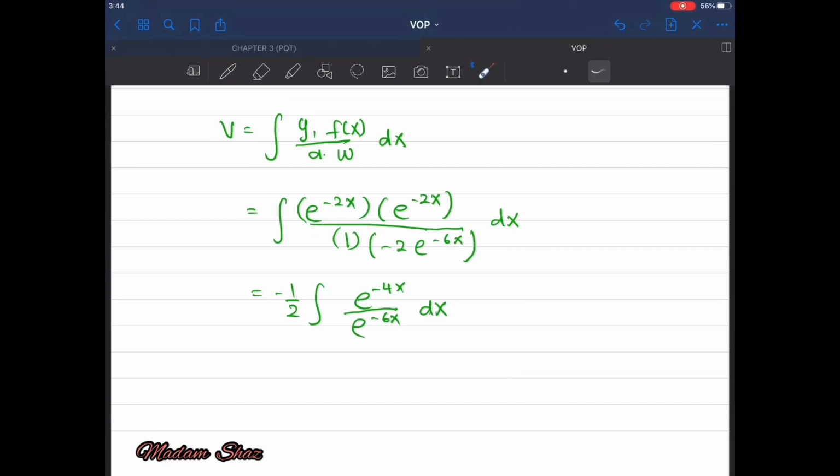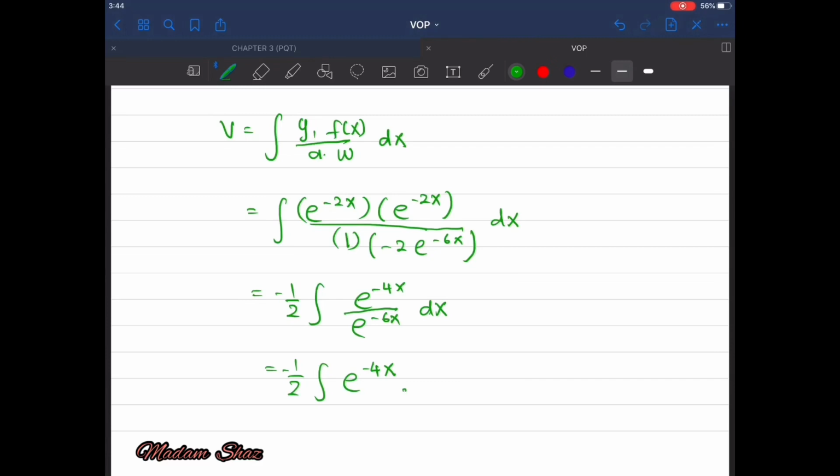Before this, we had the same power, so we could cancel out. But now the power is not the same, so you cannot cancel out. The exponent at the bottom side you have to bring to the upper side, so exponent negative 6x brought to the upper becomes exponent positive 6x.